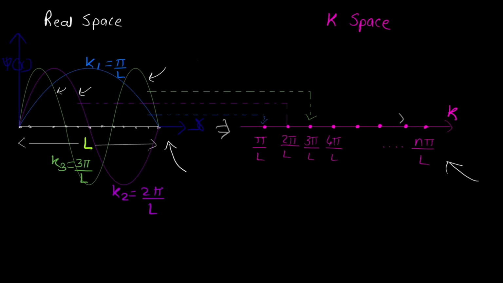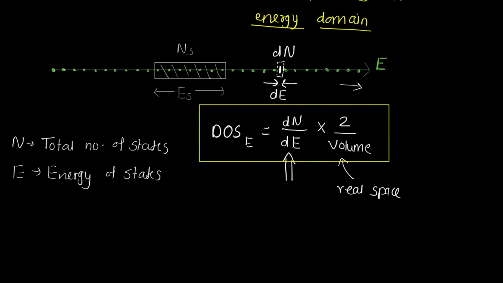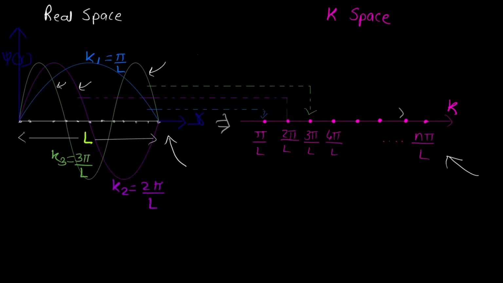Now, similar to how we defined the density of states for the energy domain, we can define the density of states in the k domain. Let's say at any point k, the density of states at that point will be: we build a very small zone around this point, which will have a width of dk, and the total number of states in that zone will be dn.